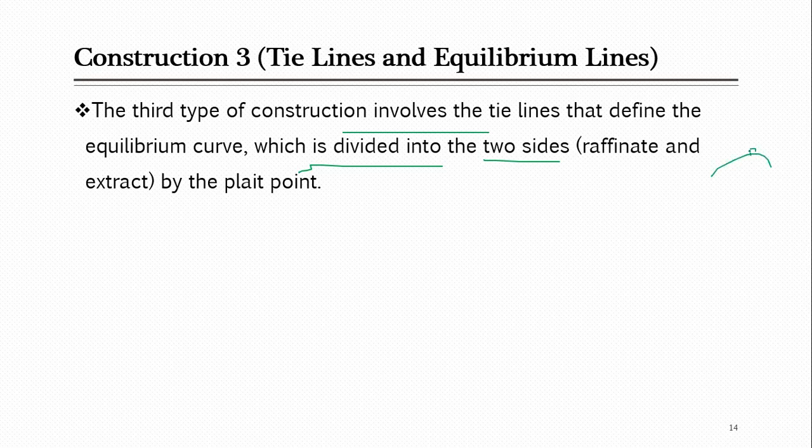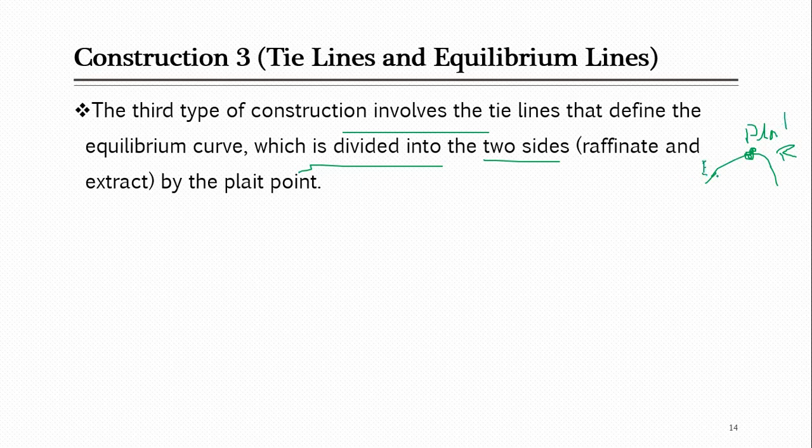Yesterday we said that this point separates raffinate and extract. On one side you will have raffinate, and on the other side extract. In our system, on the right side of this plait point you have raffinate. This P is for plait. On the left side you have extract.